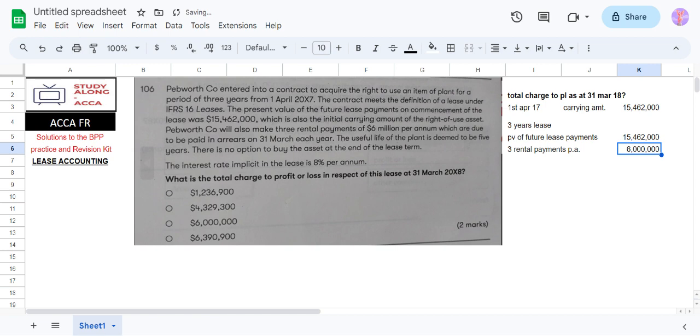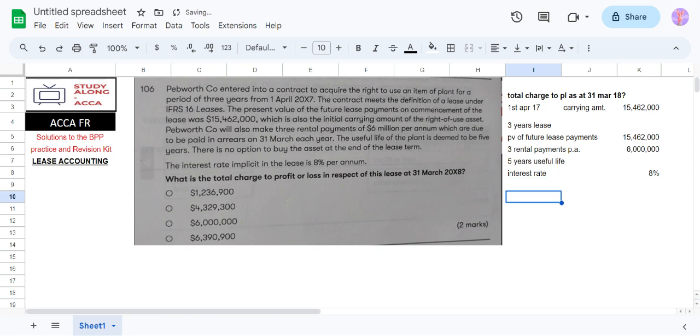In arrears means on the last day of each year, so on 31st March every year they will pay. The useful life of the plant is deemed to be 5 years. It's a 3 year lease, but the useful life is 5 years. There's no option to buy the asset at the end of this. Then the interest rate is 8%.